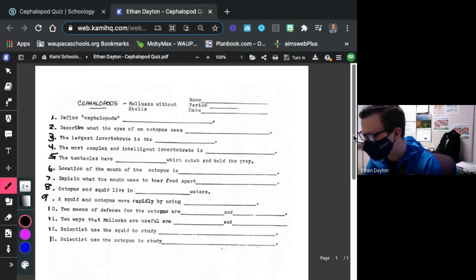All right, number 6, location of the mouth of the octopus is blank. I almost gave away the answer. Sorry.